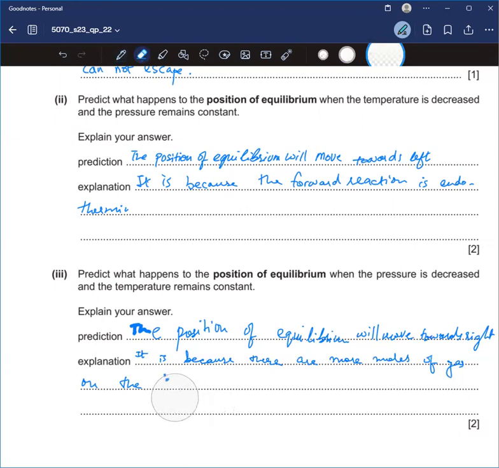I wrote it wrong. Right hand side, or we could just say, yeah, sorry, product side. That's it.